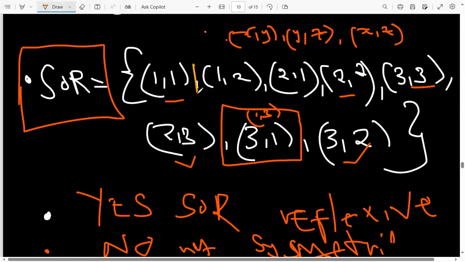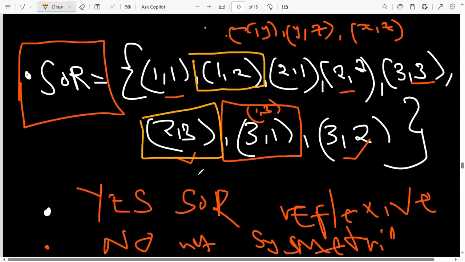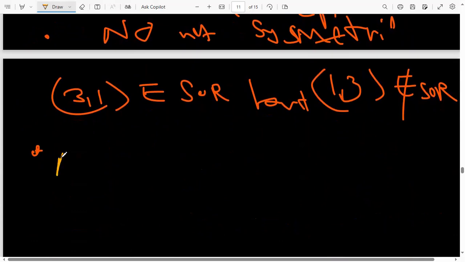So if I look at this guy here, the 1, 2, I also have a 2, 3, which is this guy here. So if I have 1, 2 and 2, 3, it means I should have 1, 3. But we see that in this relation here, we do not have a 1, 3. So we can say the transitivity there fails.